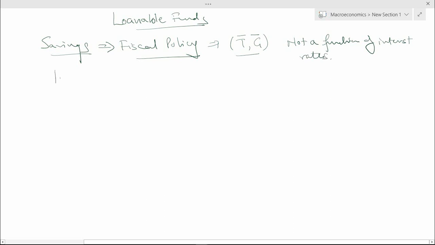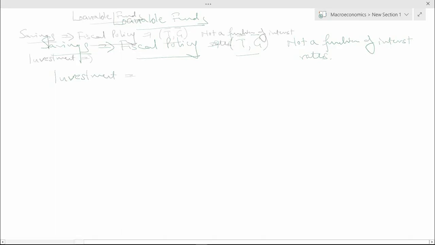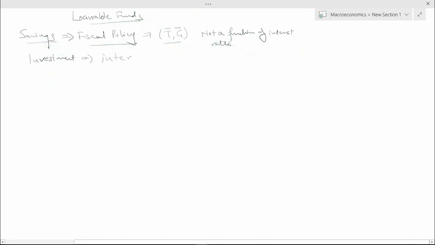Second, investment depends on, we have seen, interest rates. And when we are talking about interest rates, we are talking about real interest rates.